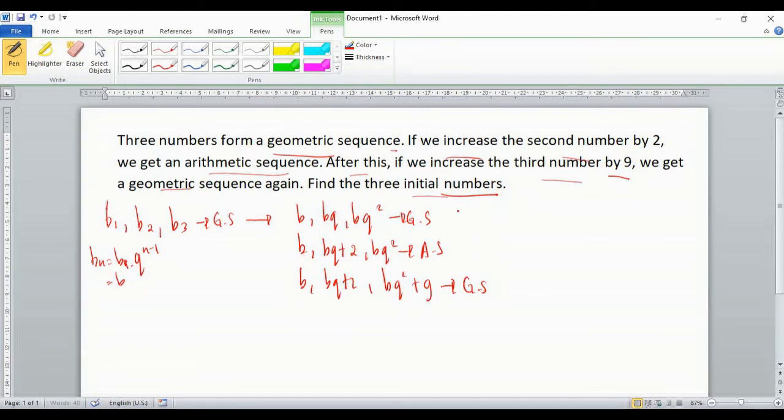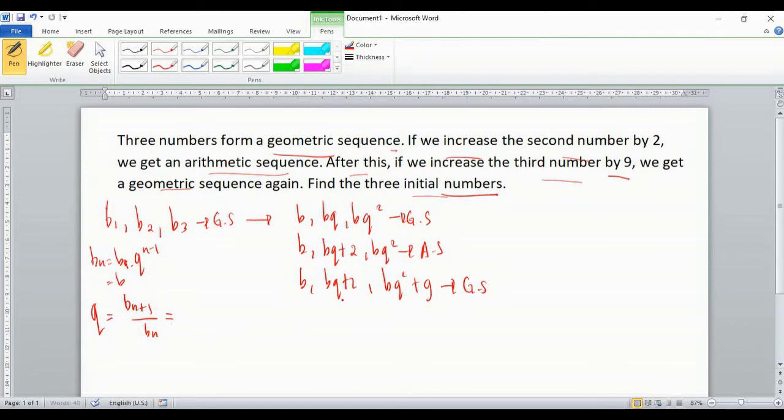Remember, to find the geometric sequence, the first thing you need is the ratio, the common ratio. The common ratio is Bn plus 1 over Bn. But like I said before, to find the ratio, you need to compare both of them.